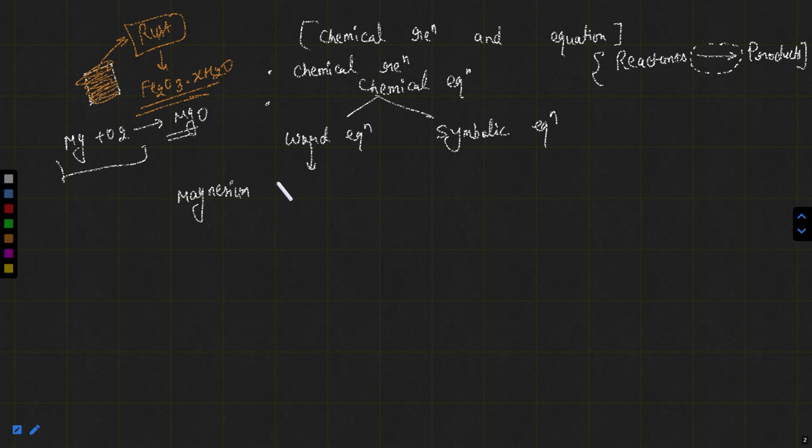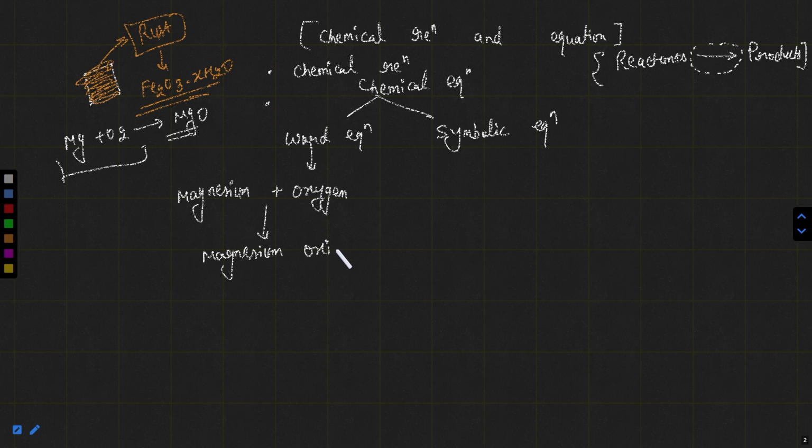To represent the chemical equation on paper, we can write a word equation and a symbolic equation. The word equation is: magnesium plus oxygen is giving magnesium oxide.